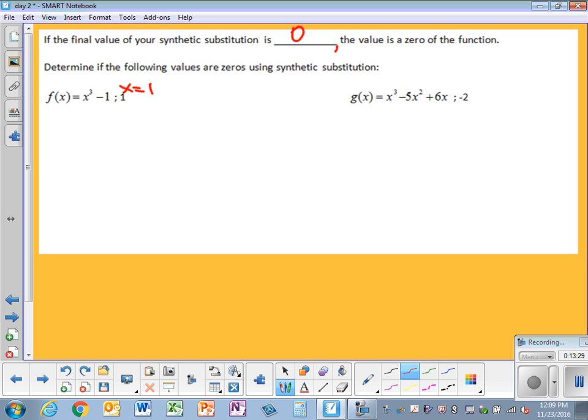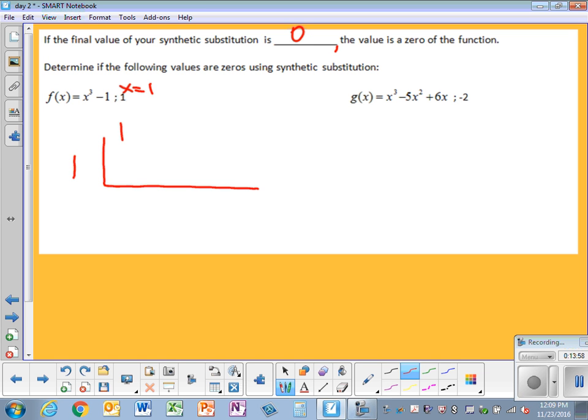Okay. So determine if the following values are zeros using synthetic substitution. All I do is do the same. One, evaluate using synthetic substitution. So what I'm evaluating for is 1, so 1 goes here. And I write down my coefficients for all the exponents from the largest to the lowest. What is my first coefficient? 1.